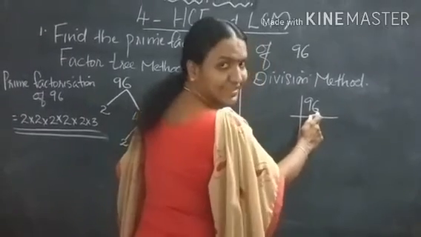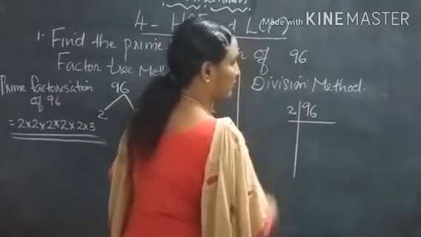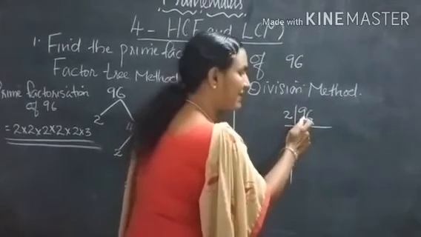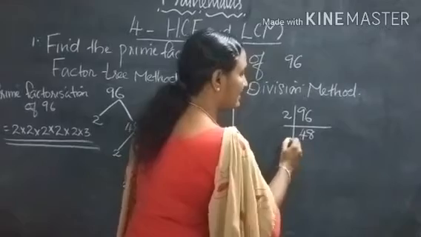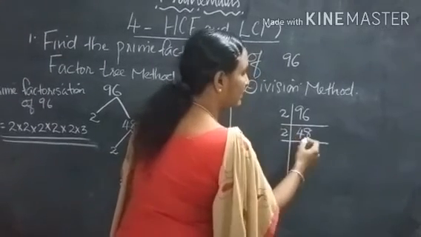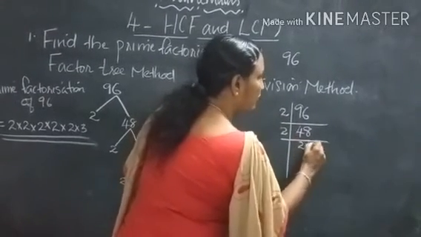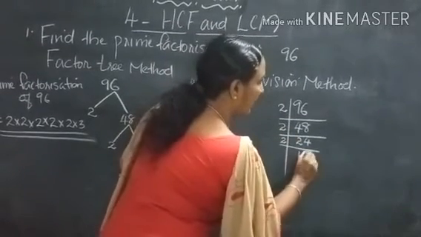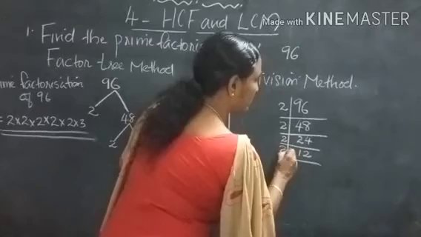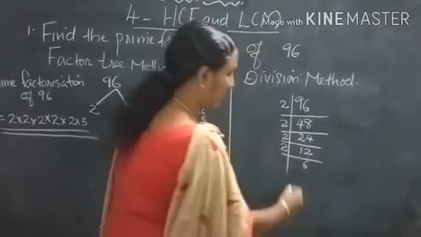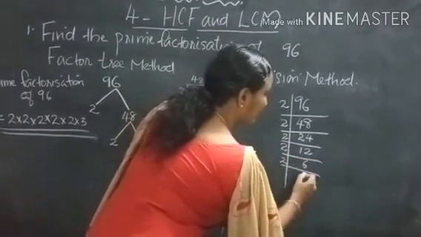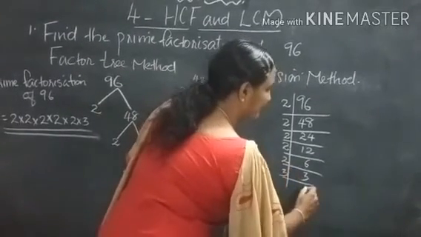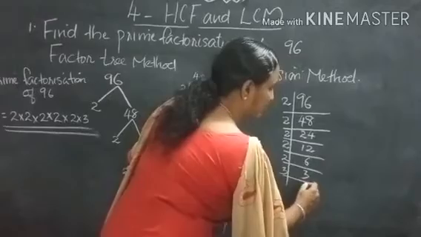The unit digit is 6, so we start with 2. 96 divided by 2 is 48, 48 divided by 2 is 24, 24 divided by 2 is 12, 12 divided by 2 is 6, 6 divided by 2 is 3. Then 3 is a prime number, so we take 3 outside.